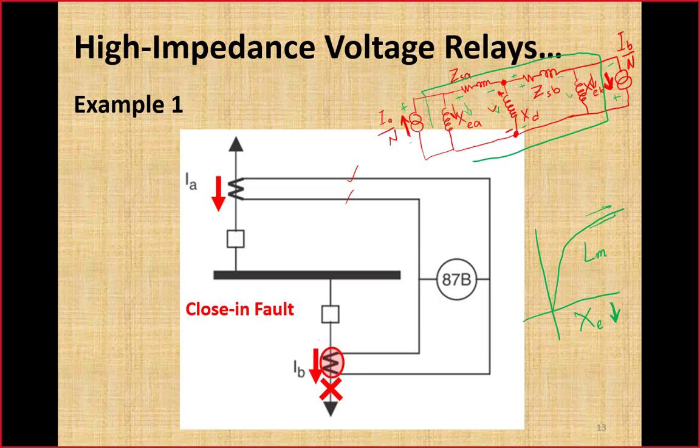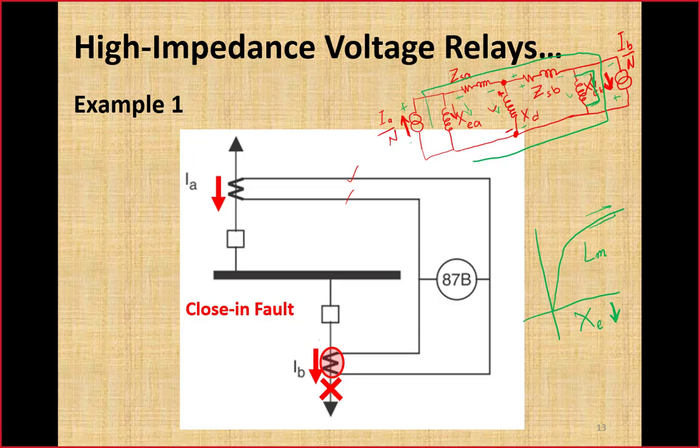For example, CT here in circuit B has been saturated, then it means this excitation branch will become short circuited or will have very small impedance here. Now due to this reason, what will be the path for the flow of fault current if one of the CTs gets saturated? Instead of taking the path through this ideal current source, now this fault current will flow through this short circuit path over here.